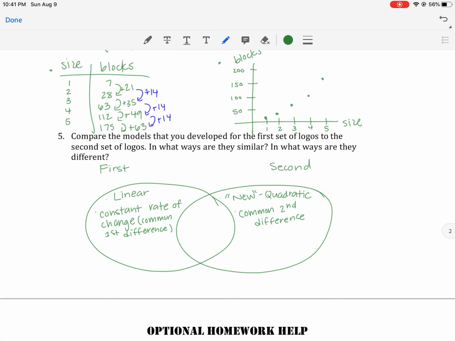What else? So if we looked at the graph, the linear one is a line, right? Whereas the second one is a curve. Be aware right now we're only seeing half of it. We're going to call that curve eventually a parabola, and it's actually going to make a U shape.